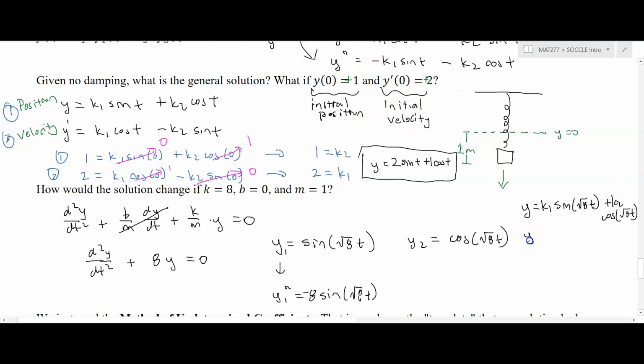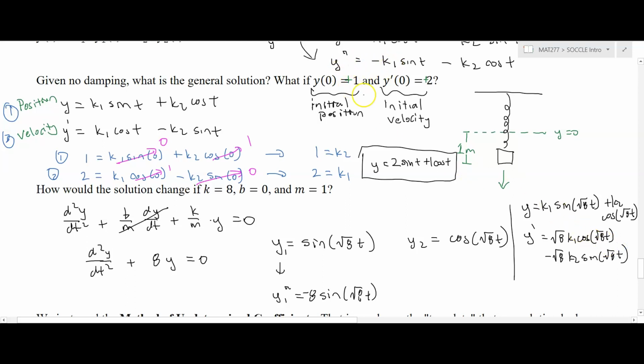So the first derivative of this solution is going to be square root of 8 k1 cosine of the square root of 8t, because of the chain rule. And then the derivative of k2 cosine square root of 8t will be negative square root of 8 k2 sine of square root of 8t.